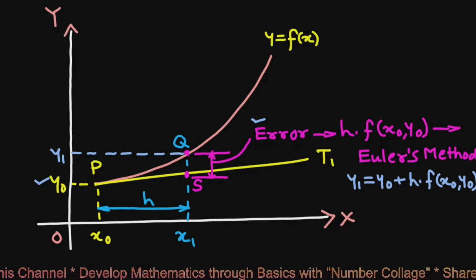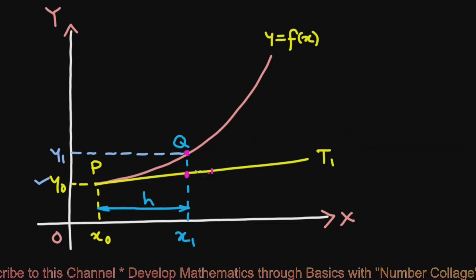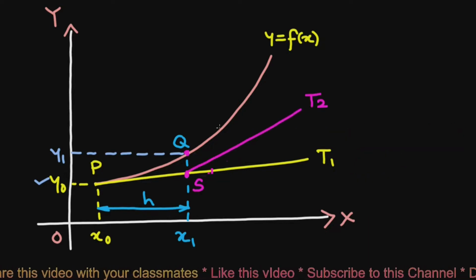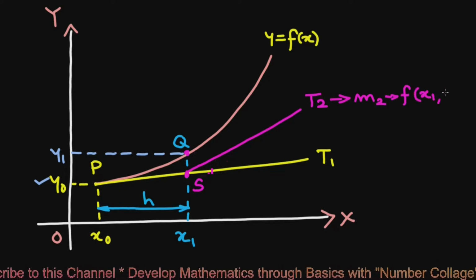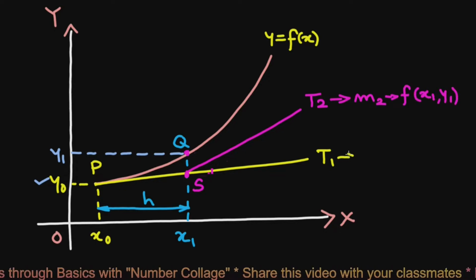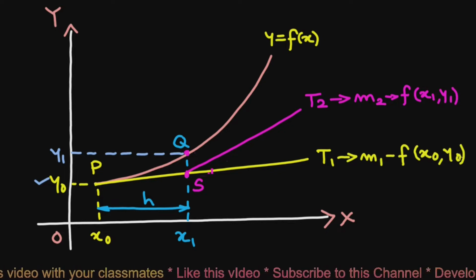In Euler's modified method, we try to reduce this error by drawing another line T2 closer to the curve with slope m2, f of x1 comma y1. The slope of T1 already is f of x0 comma y0.